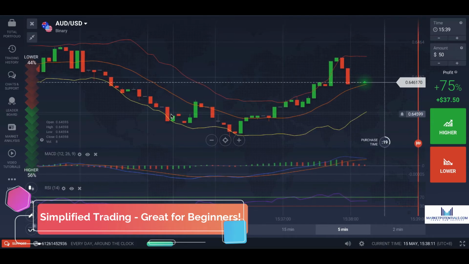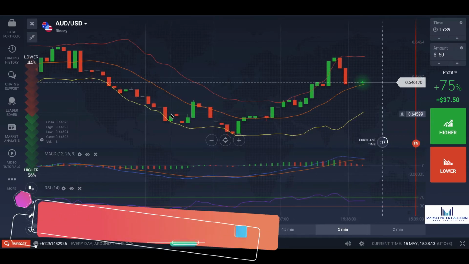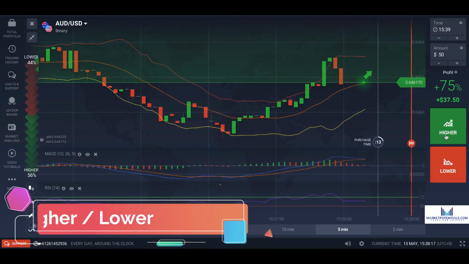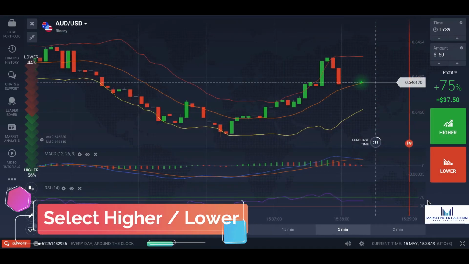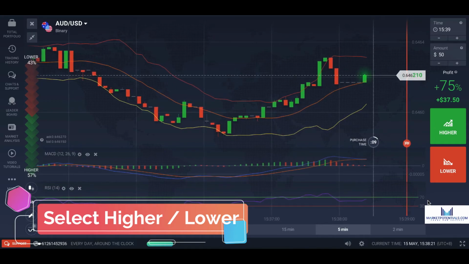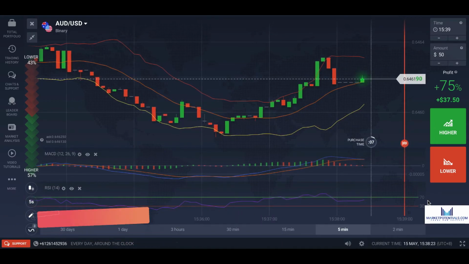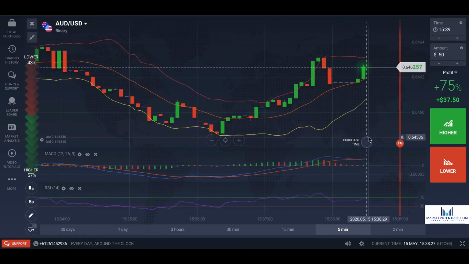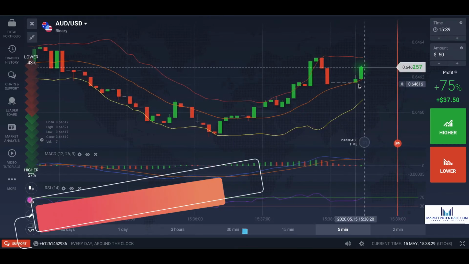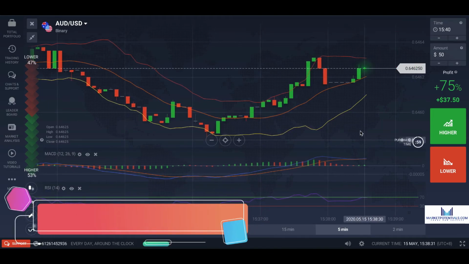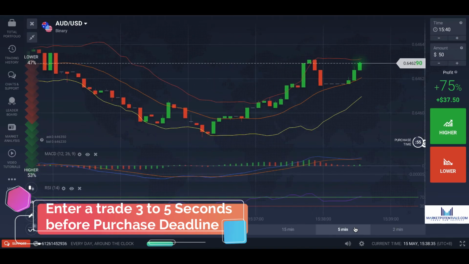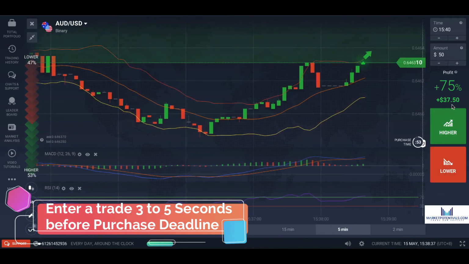Like I said, it's very similar to Forex, and it's simplified in a way. All you got to do is just select whether it's going to end up being higher or lower. You do have to consider the timing, as I did explain earlier in the video, about when to enter a trade. So I always keep the entry to between 5 to 3 seconds to the purchase deadline. You don't want to go ahead and make a purchase decision right now, like, you can select higher or lower now.